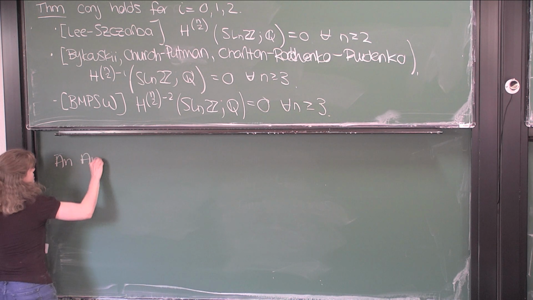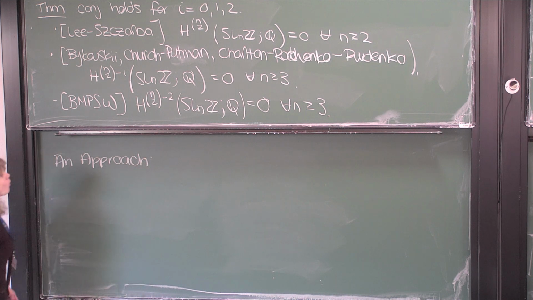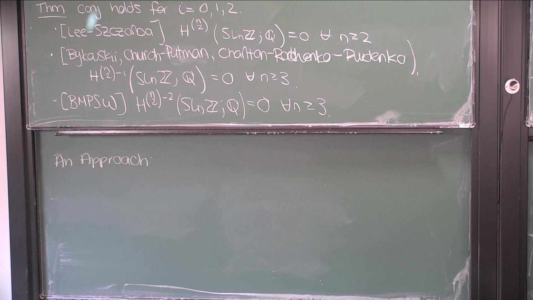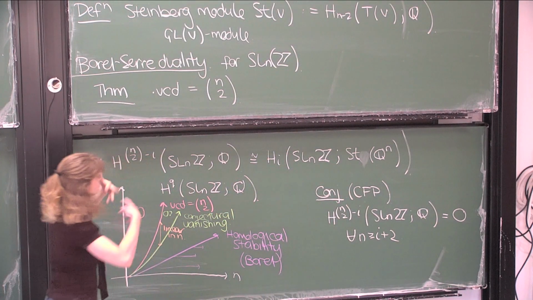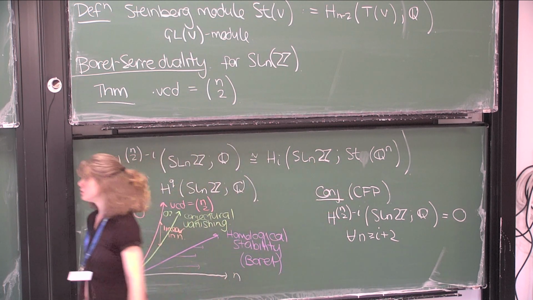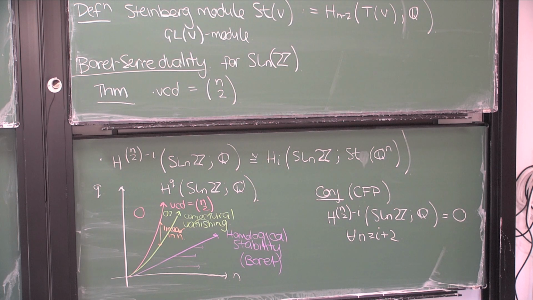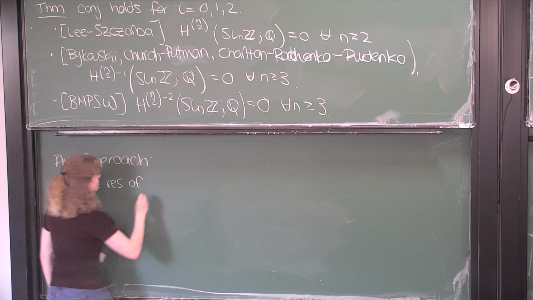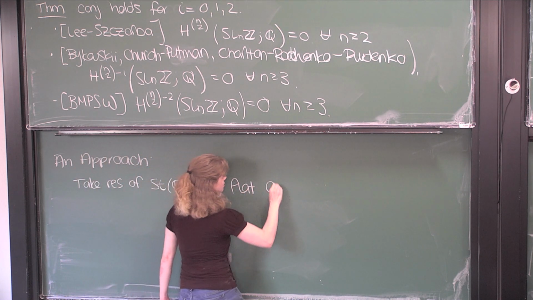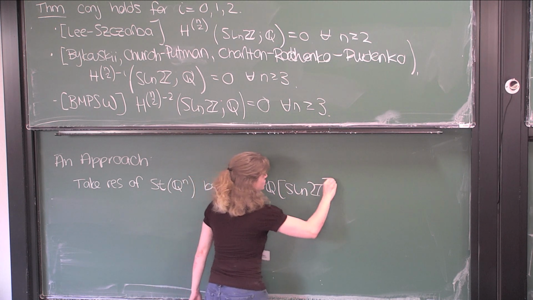So, here's an observation: one way that we can approach this is that, in light of this Borel–Serre duality theorem, these codimension i cohomology groups are identified with these degree i homology groups with coefficients in the Steinberg module. So one approach to studying these groups is to study flat resolutions of the Steinberg module. So one approach is we can take a resolution of the Steinberg module by flat SL_n(Z) modules.